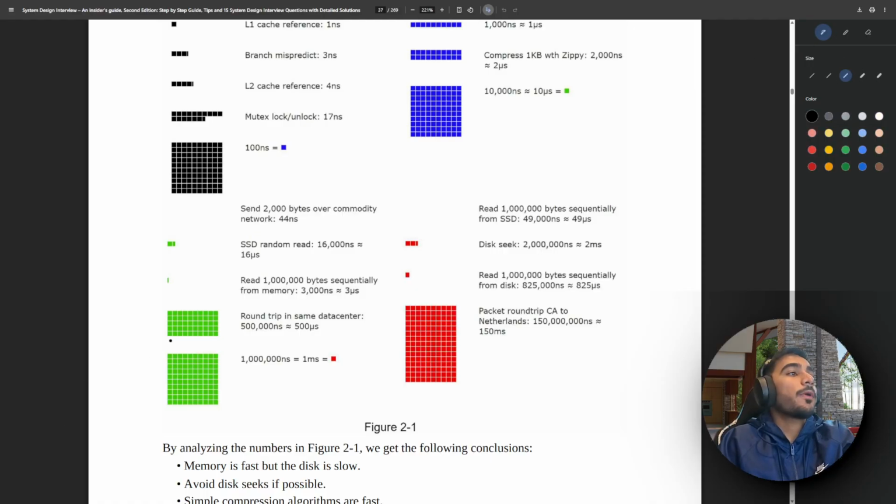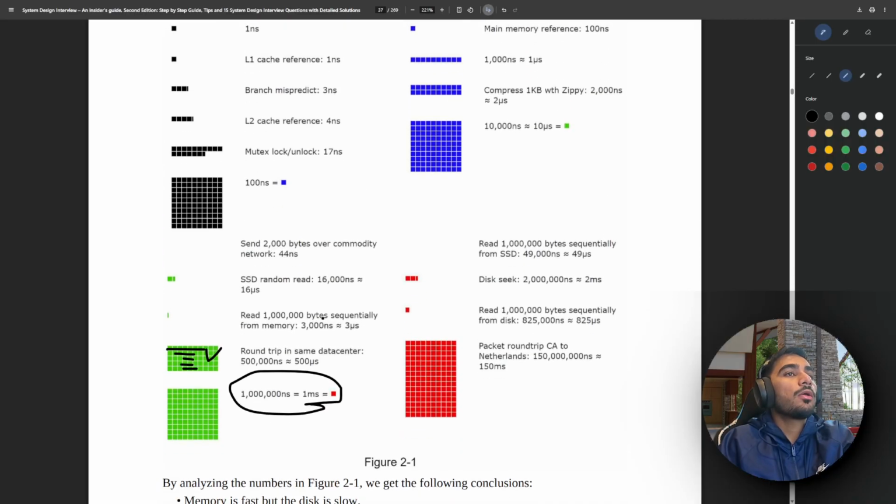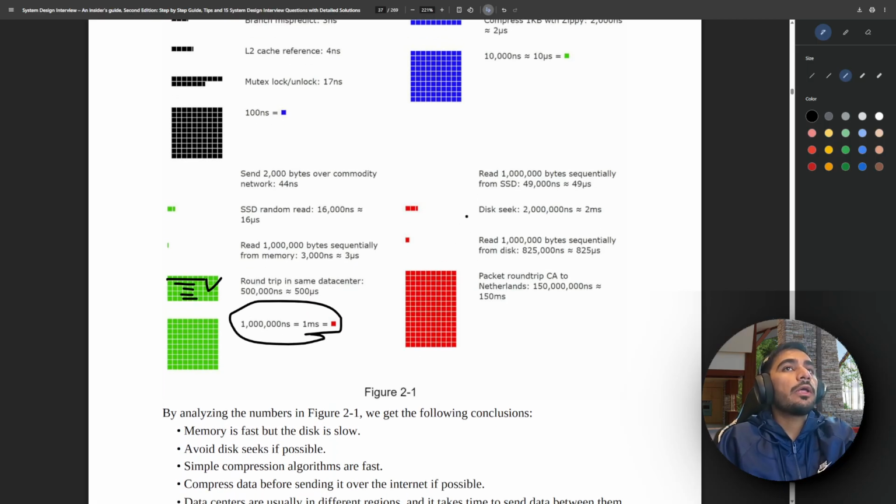Let me get a pen. 100, 200, 300, 400, 500. Now what happens is we go over 1 million nanoseconds, which means 1 millisecond. We will denote that with a red block. Now going to the red block, reading 1 MB from SSD takes 49 microseconds.